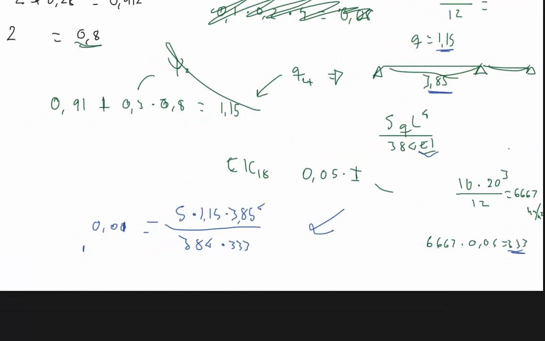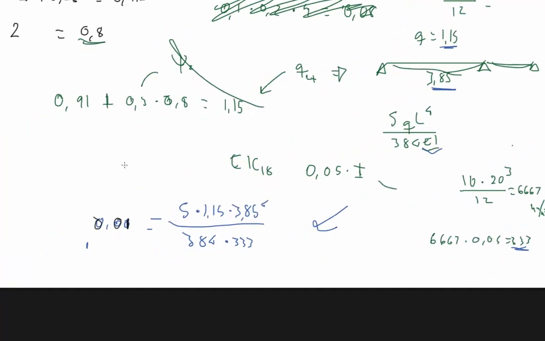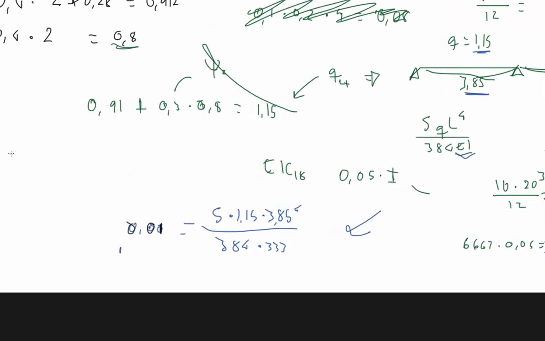That's the absolute deflection. We don't care about absolute deflection, we care about the relative deflection. So 0.01 divided by 3.85, you invert that, that would be 1 divided by 39, which is less than 1/300, which is the limit. So that looks cool.